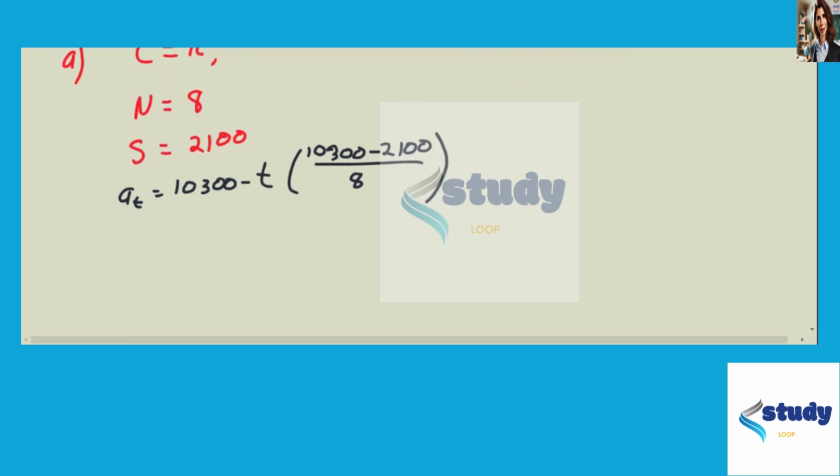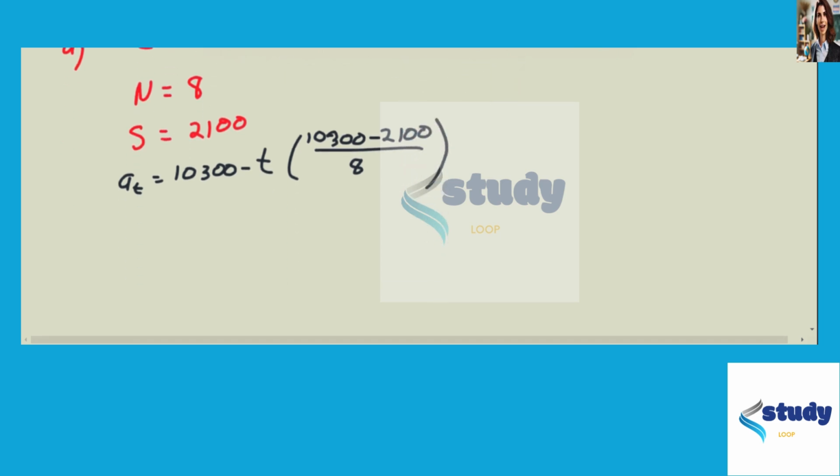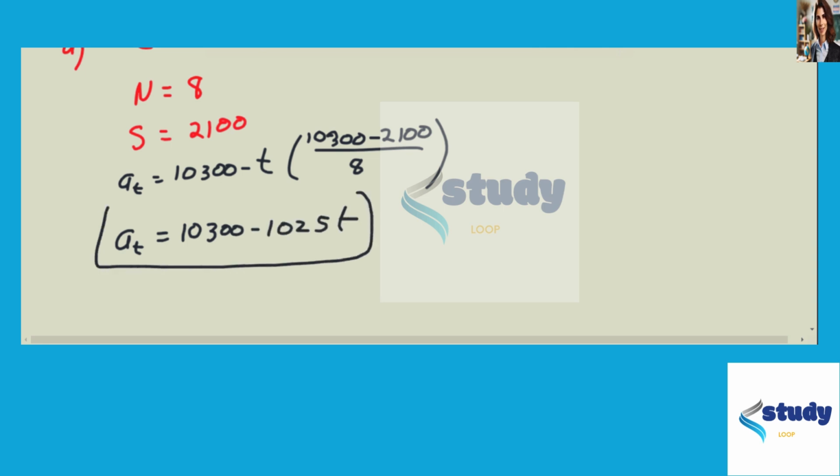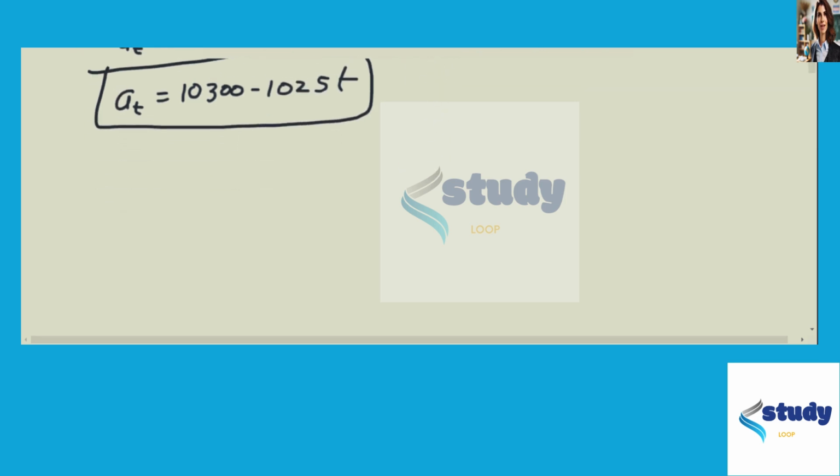Now we're going to simplify that fraction. 10,300 minus 2,100 is equal to 8,200, and when we divide that by 8, we get 1,025. So a sub t is equal to 10,300 minus 1,025t. Now we have our formula for the straight line depreciation.